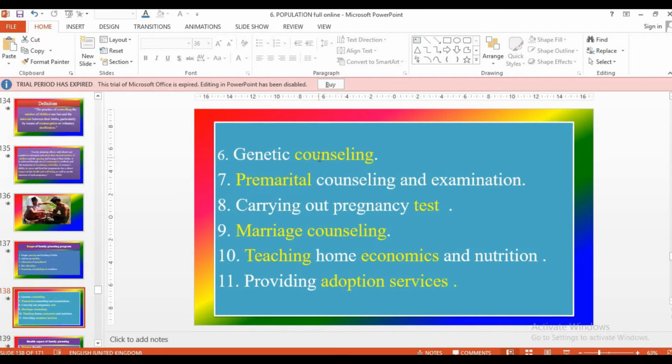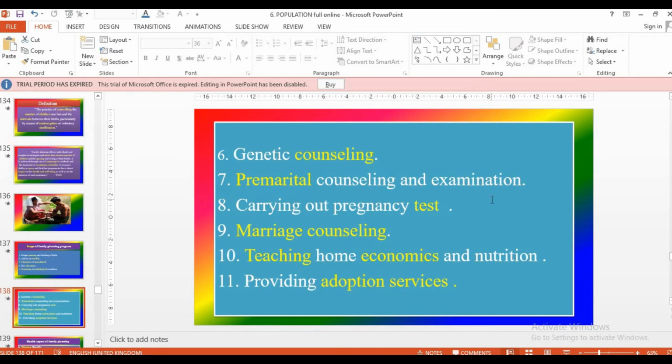Or husband and wife black in color, but the child is white. In most families the husband says, this is not my child. So this creates problems between husband and wife.